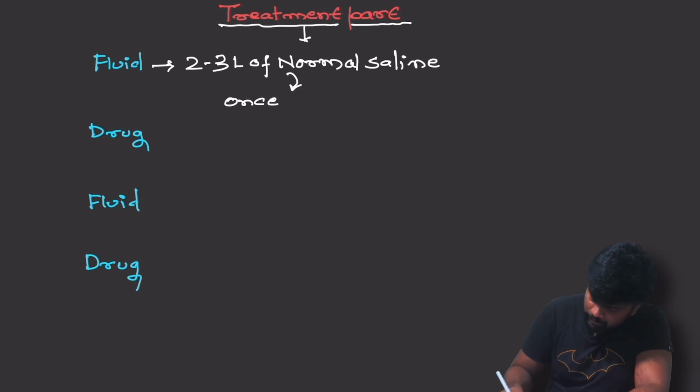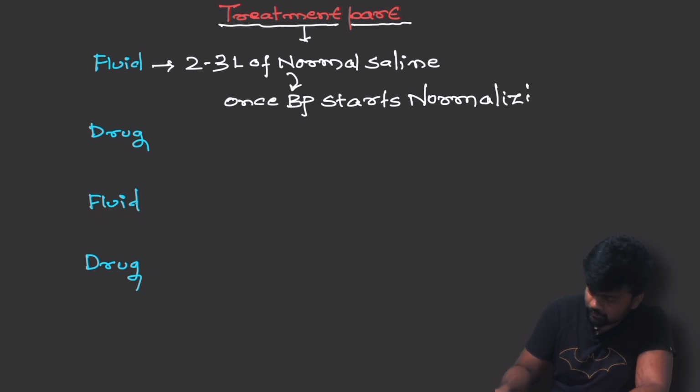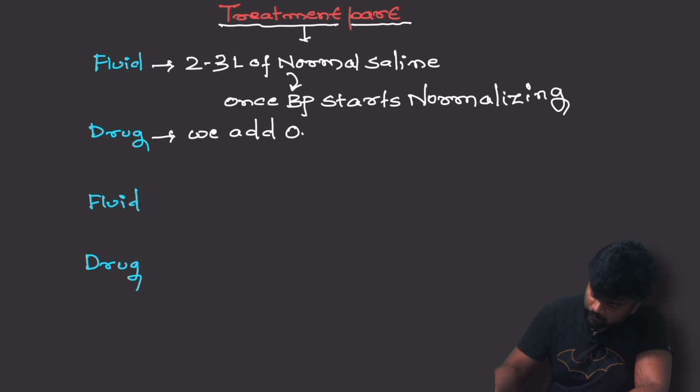Once BP starts normalizing, we add 0.1 international unit per kg per hour of insulin. This is regular insulin.